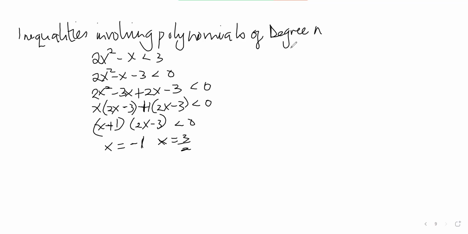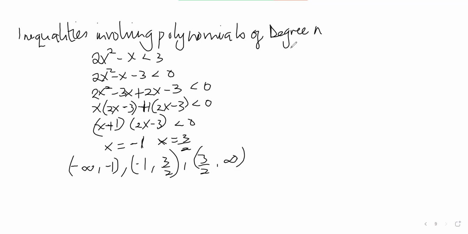We have to be working with the range of values. Therefore, we have to have a range of minus infinite to -1, and then -1 to 3 over 2, then 3 over 2 to infinite.